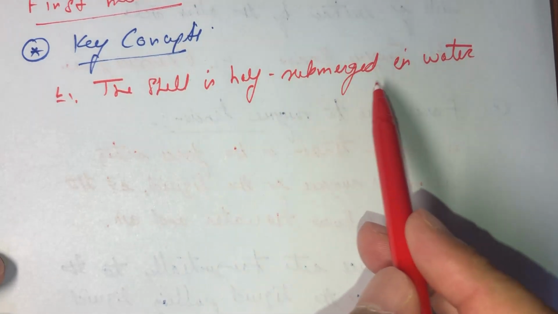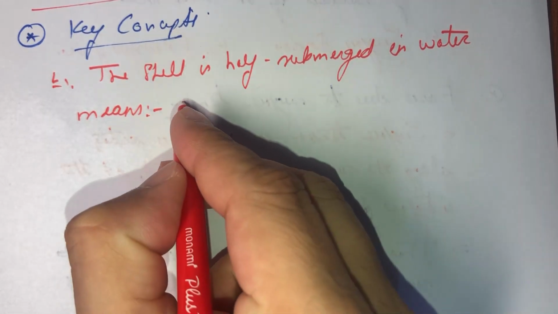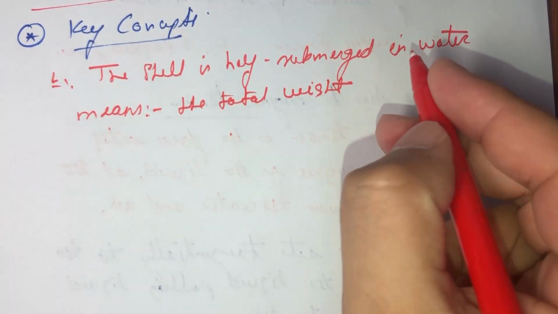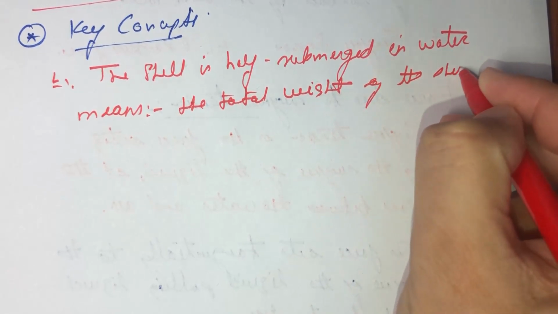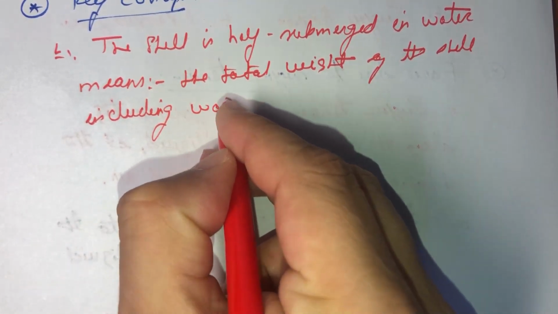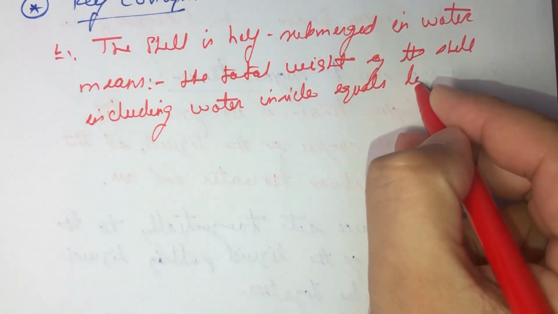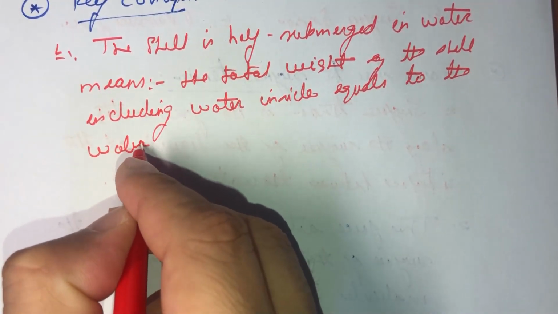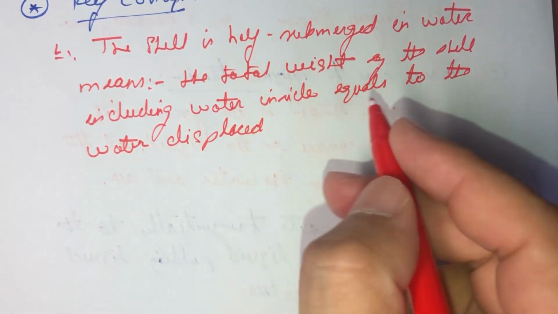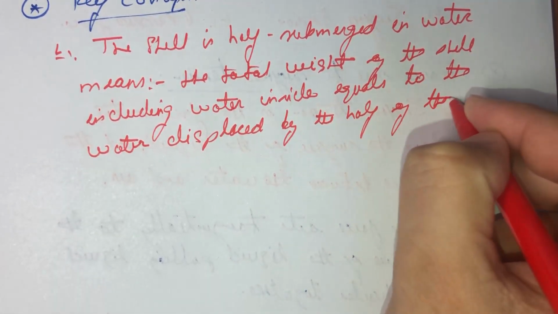So we can say the shell is half submerged in water means the total weight of the shell including water inside equals the water displaced by half of the shell's volume.